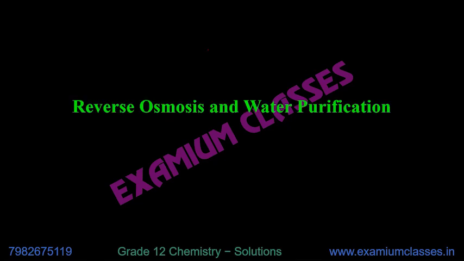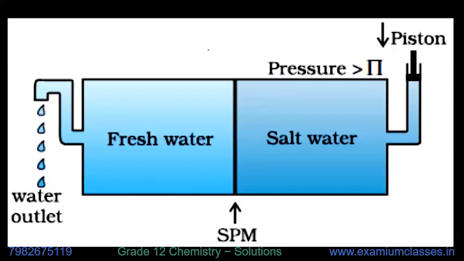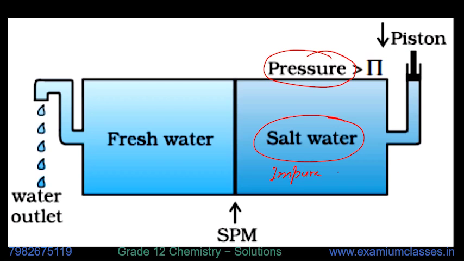Then reverse osmosis and water purification. This is something I have explained: you now apply pressure greater than osmotic pressure at the solution side, meaning salty water or impure water. So it actually reverses the process through the semi-permeable membrane.